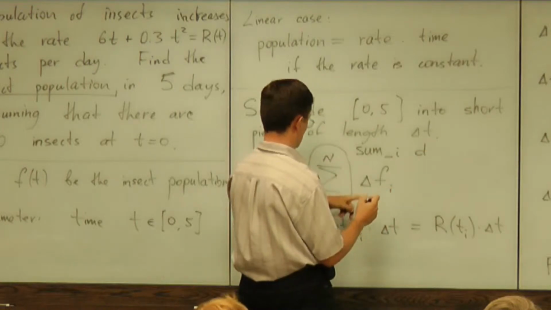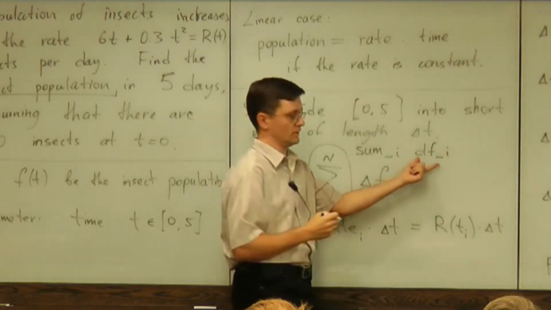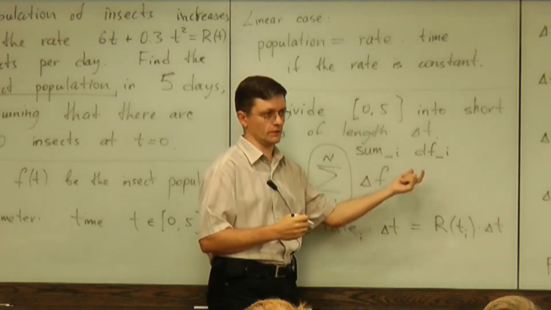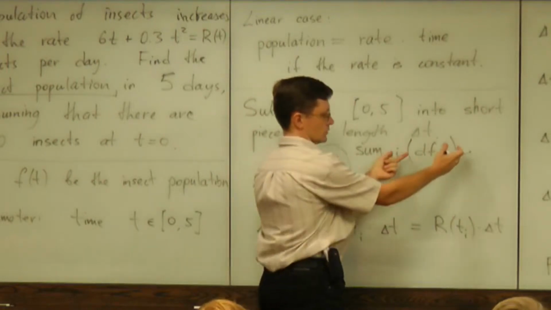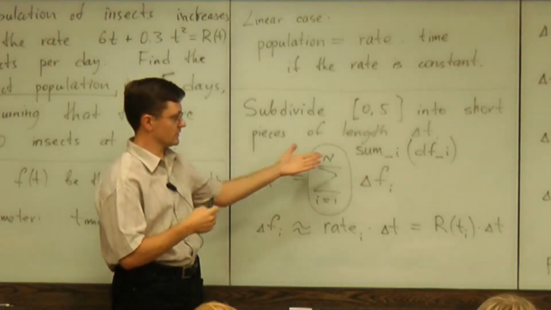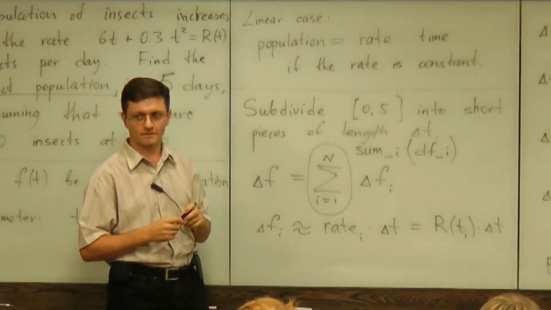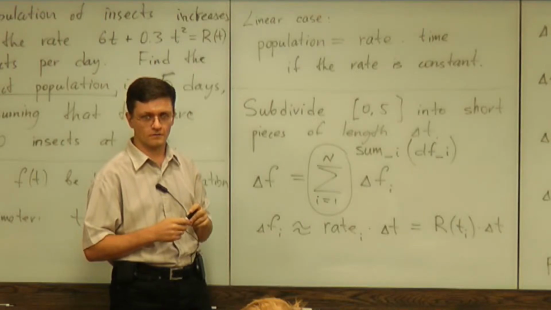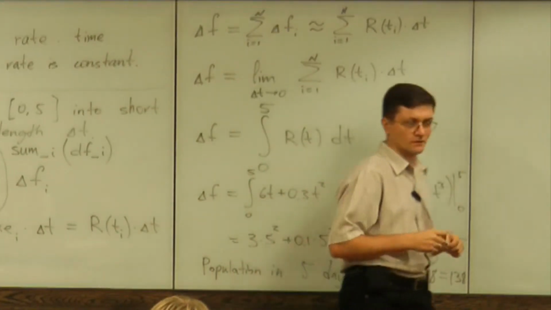You may introduce notation df underscore I for the change of f on the ith interval, and you may want to put it in brackets so that I know what it is that you are taking. So make something human out of those so that you can type quickly. And I would like that to be a short part of your preparation for the test.